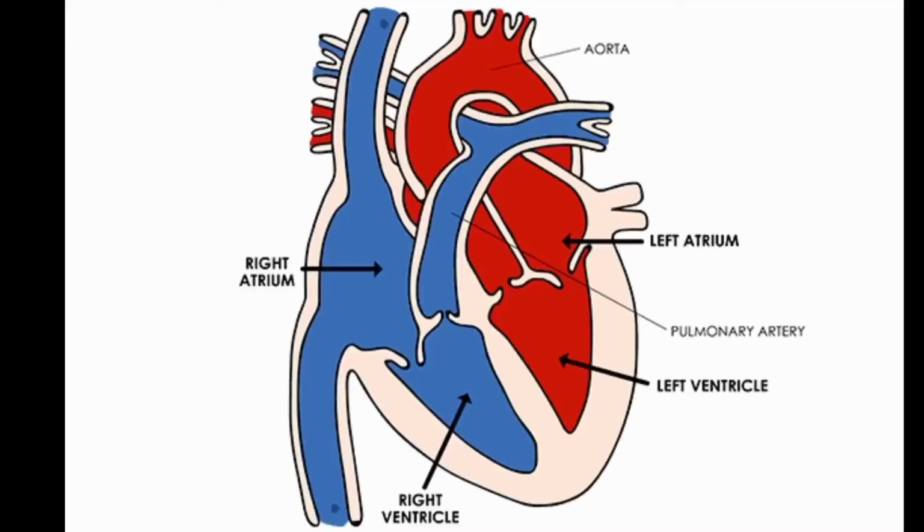So, a very easy topic, and now I will show you the picture of the chambers of the heart. So this is now our figure. As you can see, we can see the aorta. It is the largest vein of our organ system. And then we have the right ventricle, the left ventricle, the right atrium, the left atrium, and the pulmonary artery.